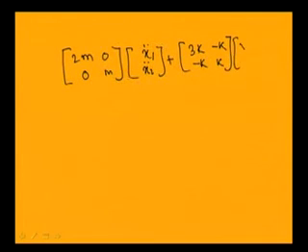Let us find the normal modes and check the orthogonality property of this system. This is the mass matrix M and this is the stiffness matrix K.